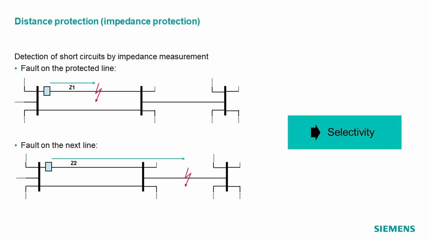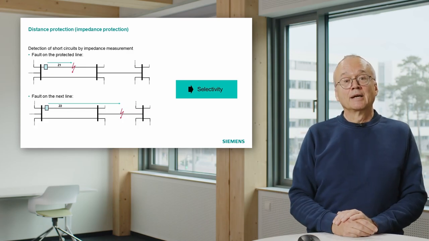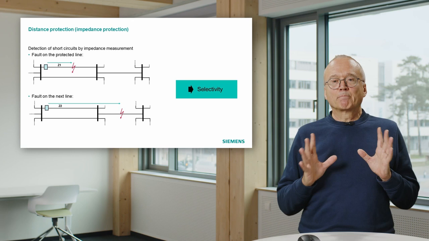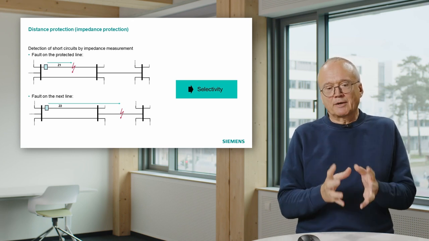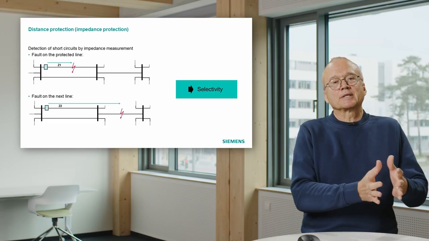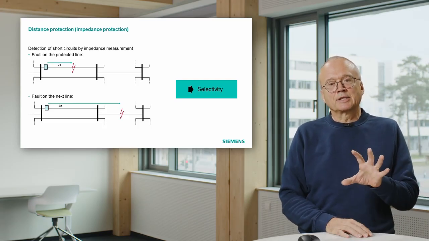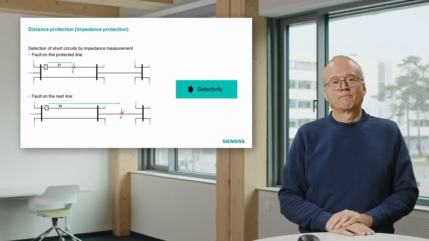And if you look at the lower part, where the short circuit is on the next line, it measures a larger impedance, an impedance which is higher than the impedance of the line. Then it says, okay, I see a short circuit somewhere, but it's not on my line. That means based on this comparison, measured impedance against impedance of the line, we can get a decision, fault on the line or fault somewhere else.